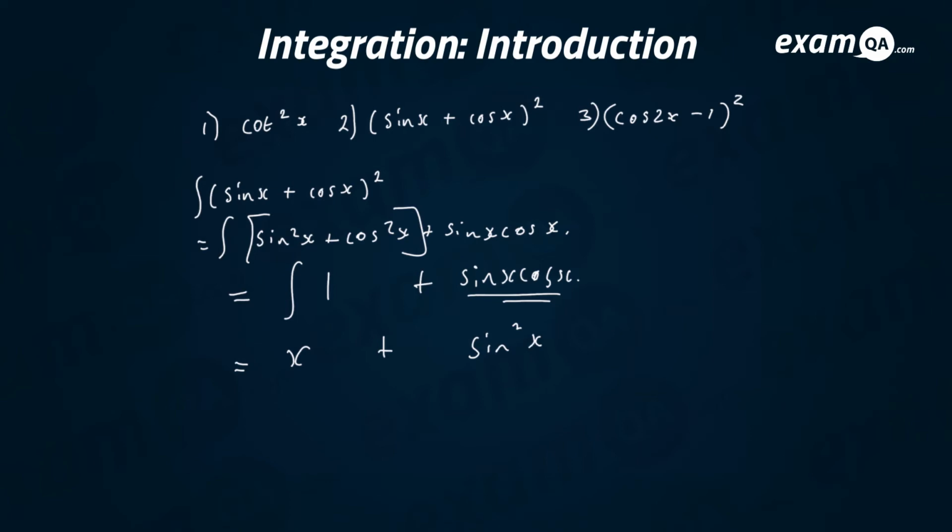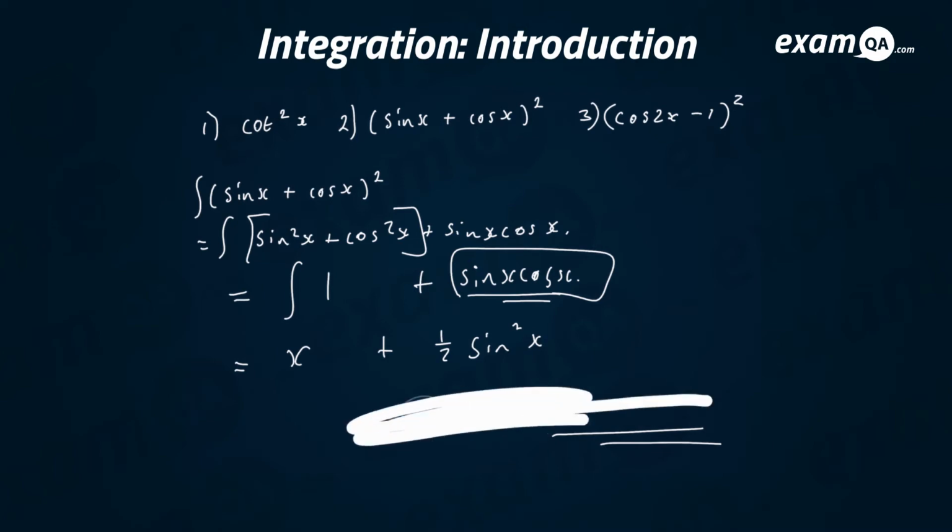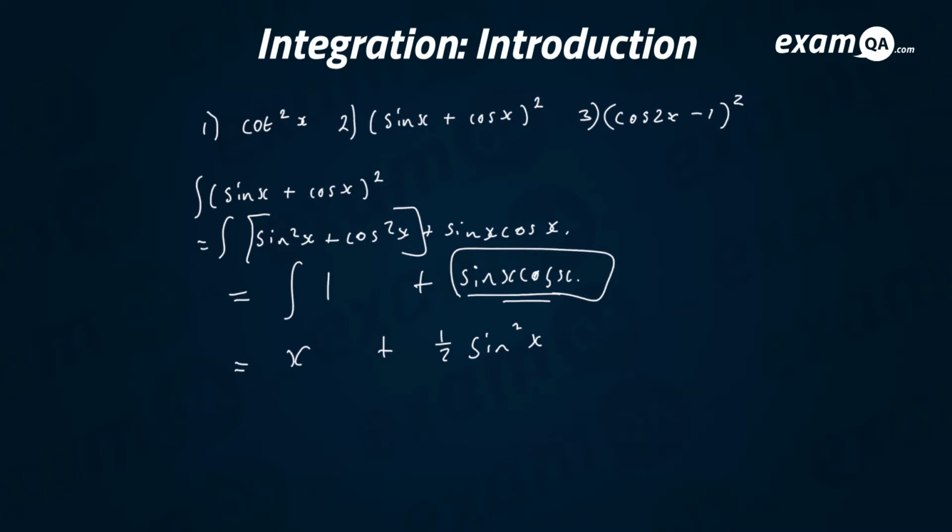Because if I differentiate sine squared x, what would I get? Bring the 2 down, right? You'll get 2 sine x, and then you differentiate sine x, you get 2 sine x cos x. And that's kind of what we have, except we don't have the 2. We just got 1. So I'm going to put a half in front of sine squared x. And there you have it. That is the integral.